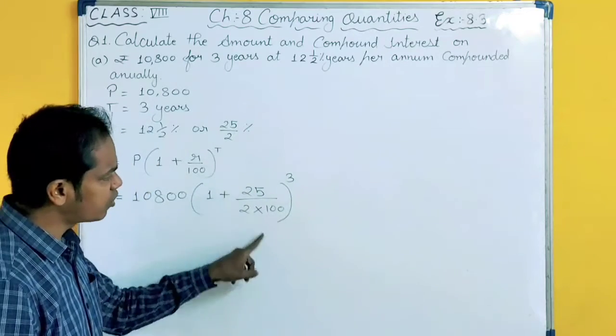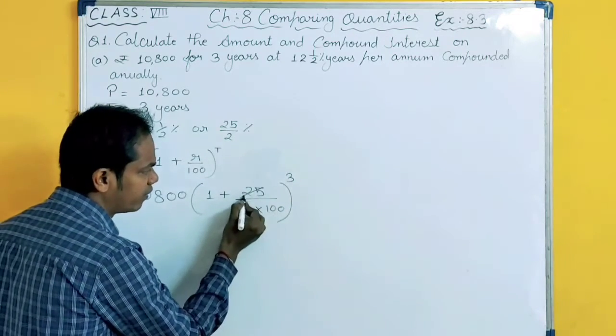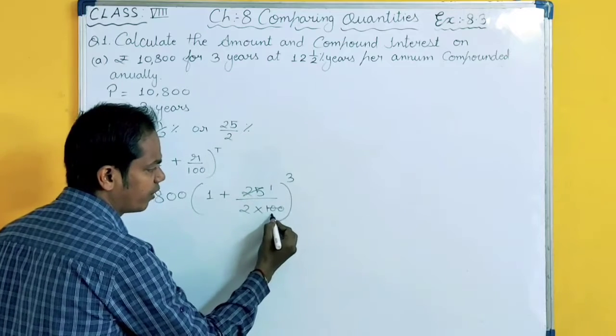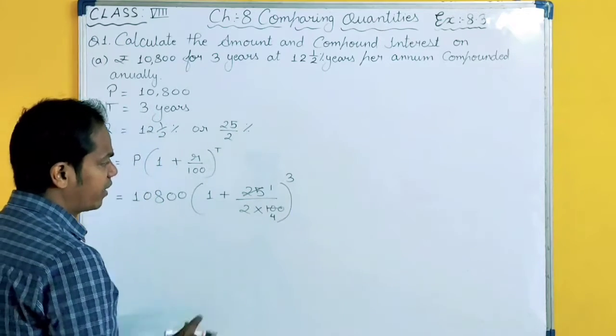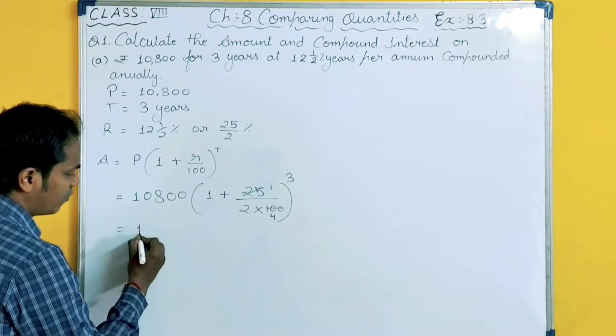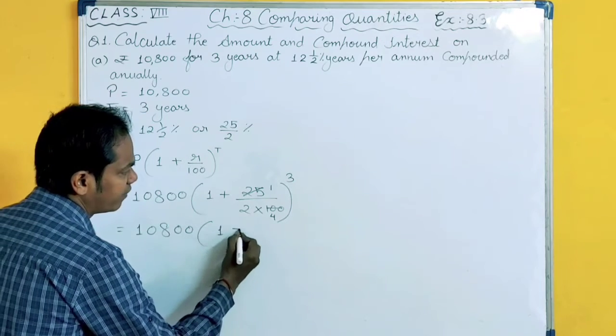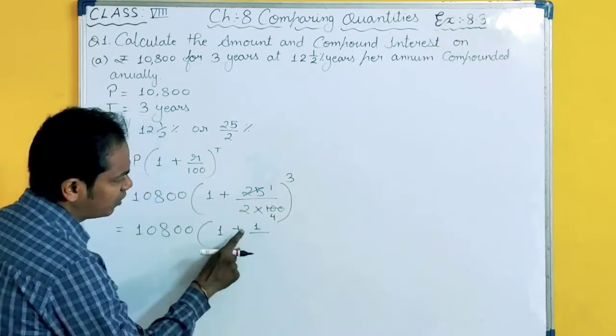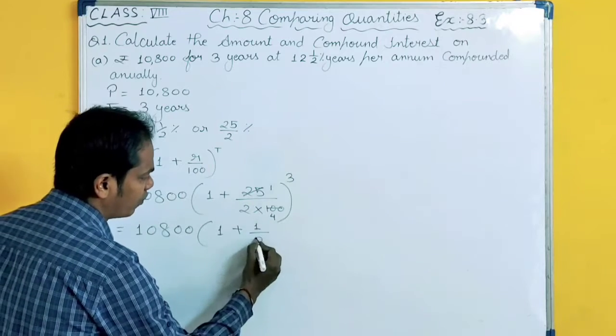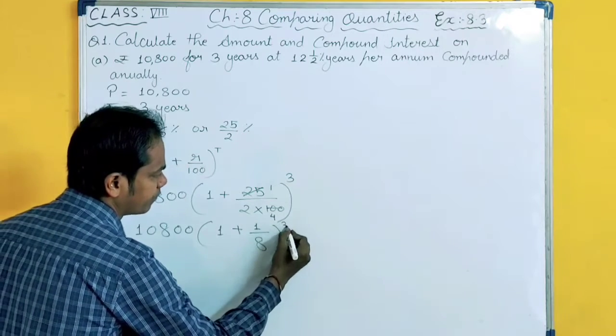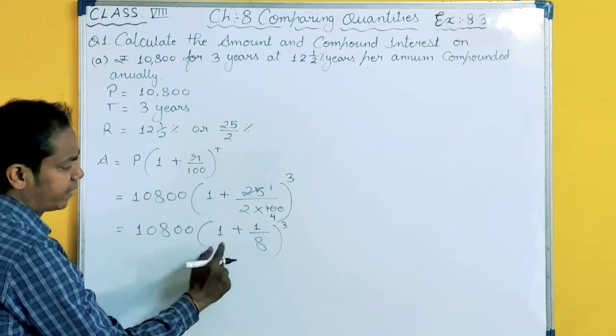So first of all we will solve this. See, you can cut here: 25 ones are 25, 25 fours are 100. Now what is remaining? 10,800, and in the bracket 1 plus 1 upon, in the denominator 2 multiplied by 4, so this will become 8.